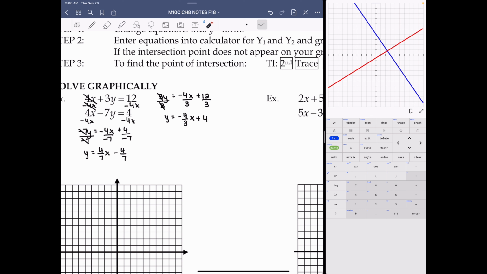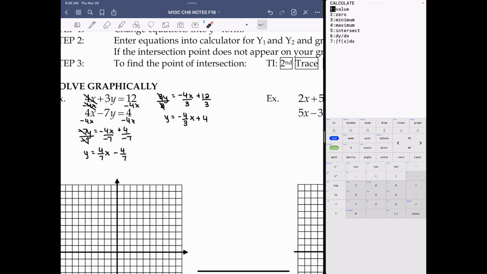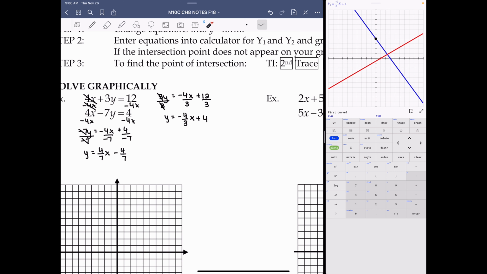So now we want to find the intersection point. If you have a TI, you're going to go second trace. Intersect is number 5. And then you're just going to hit enter because it says, are we on the first curve? Yes. In this case, the curve is a line. Second curve, yes. And then guess, no, I don't want to.